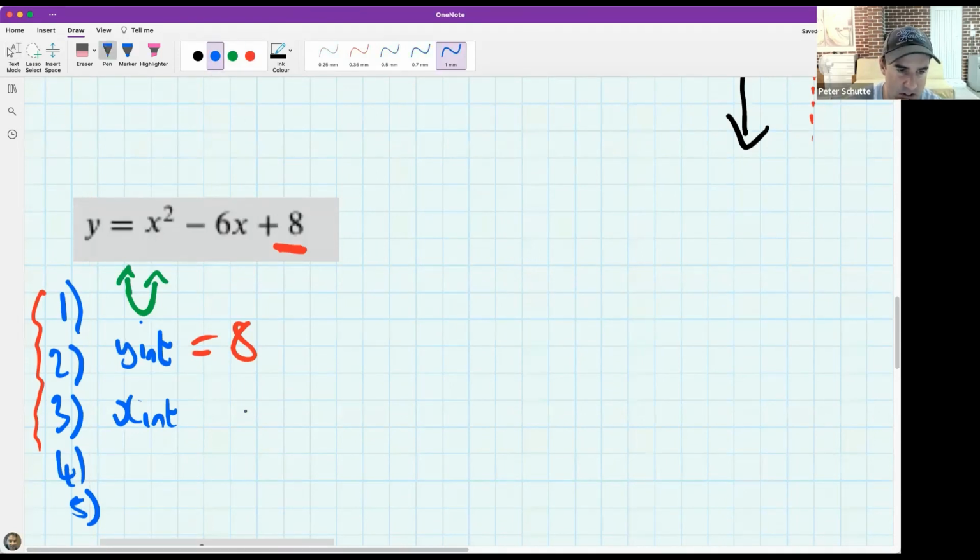For the x-intercept, remember, we're going to have to solve this equation. We must make y equal to 0. Now, for those who feel comfortable factorizing, it's not wrong to factorize. In fact, in this case, I think the factorization is quite easy. But also, the formula will always work. So either of these will give you the right answer here.